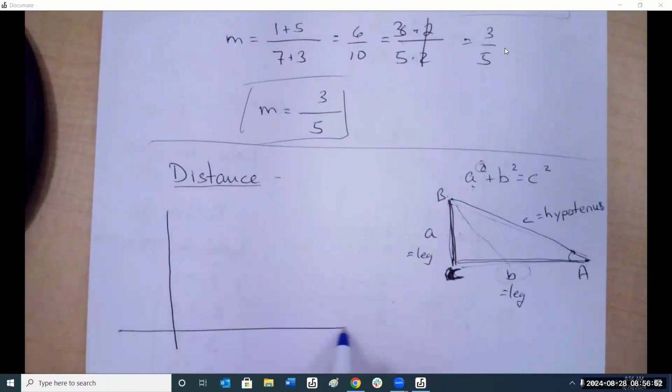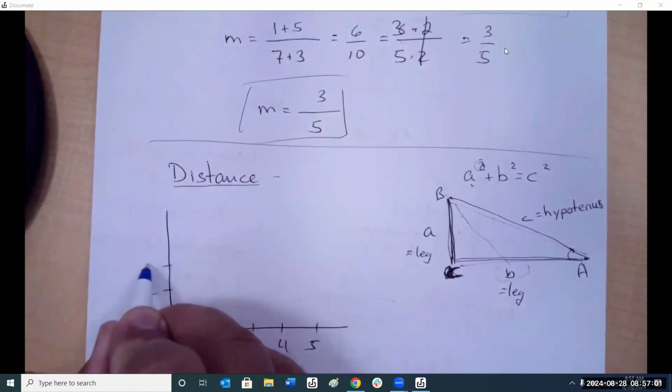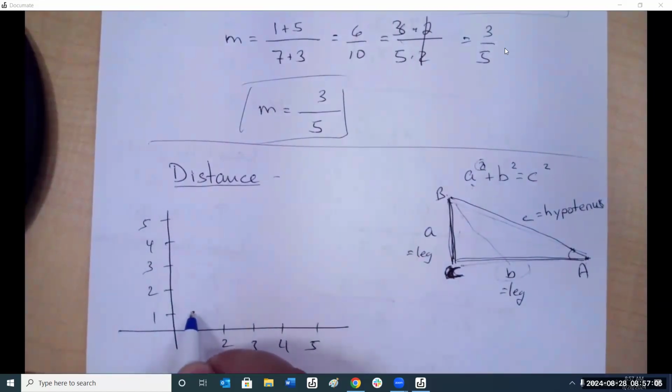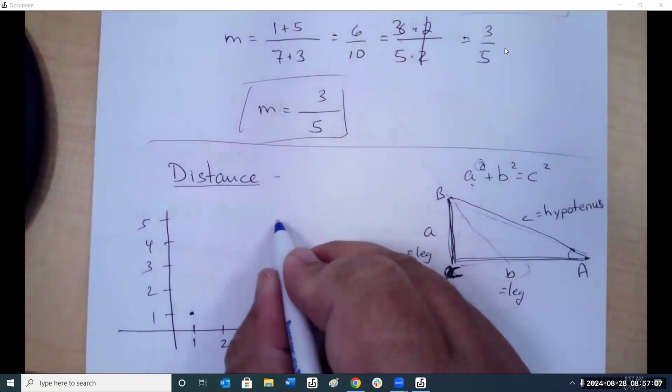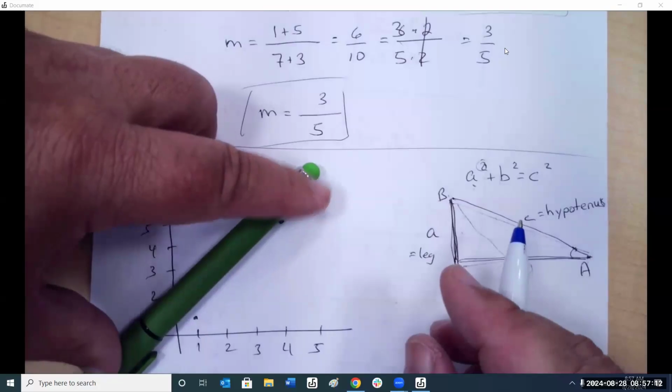Now, how does that relate to our picture here?